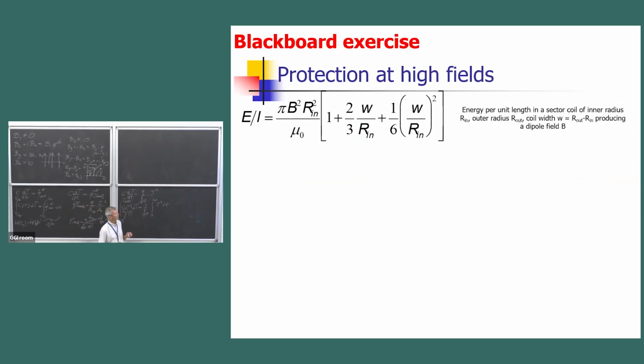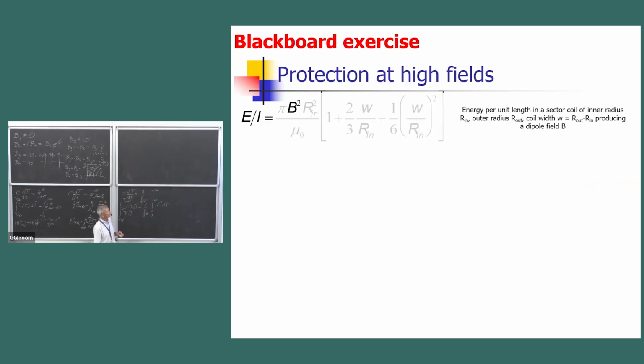Protection is actually one of the difficulties in superconducting magnets, because the energy stored is a lot. We have a very large field, the magnets are large. So instead of doing the exercise, I'll just show you the result of it. The energy of a dipole, you can write it, believe me, like this expression.